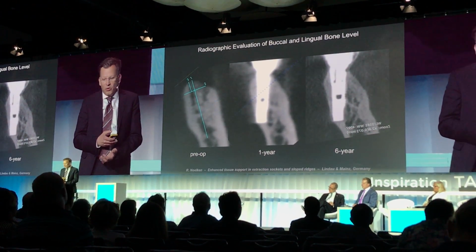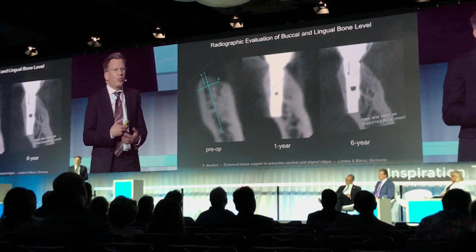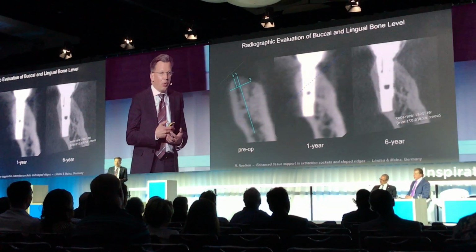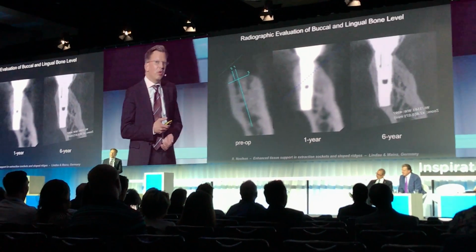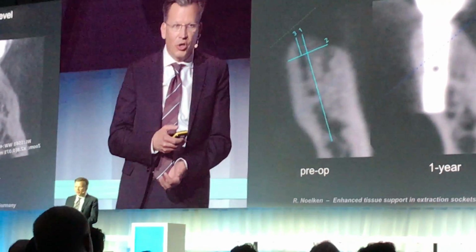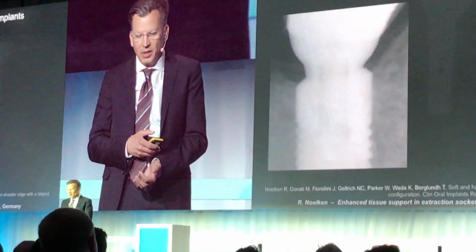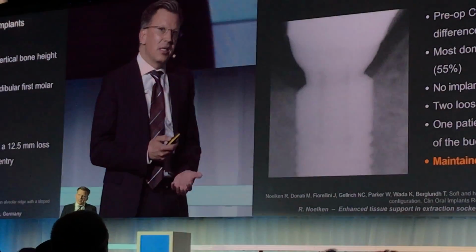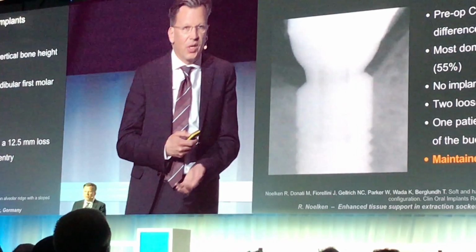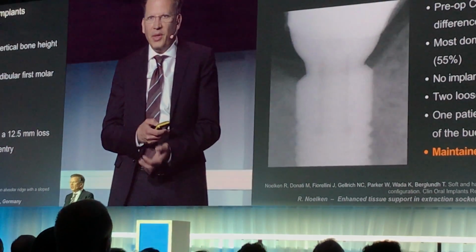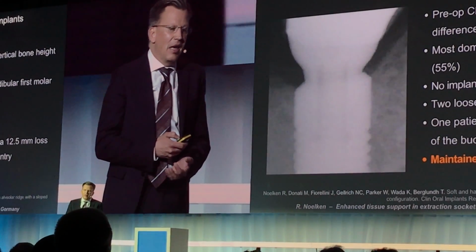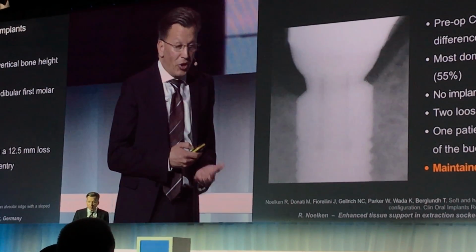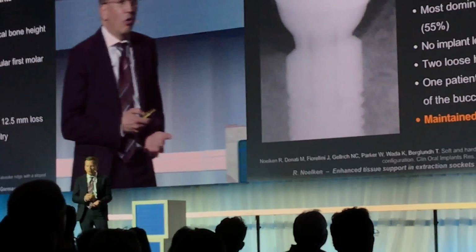The cone beam tomography at 6 years shows that we were able to support the peri-implant bony structures and keep a bone level at the level of the sloped implant shoulder. Overall, in the study with 65 implants, we were able to maintain the bone level at the level of the implant shoulder, interproximally as well as buccally and orally.